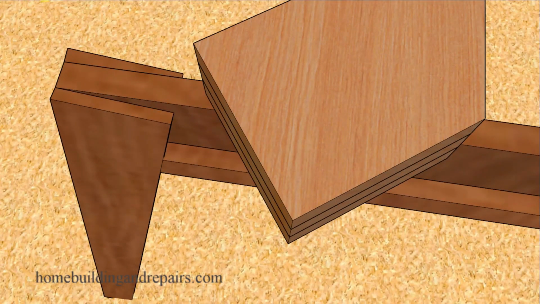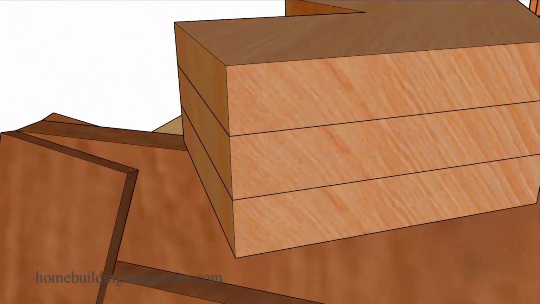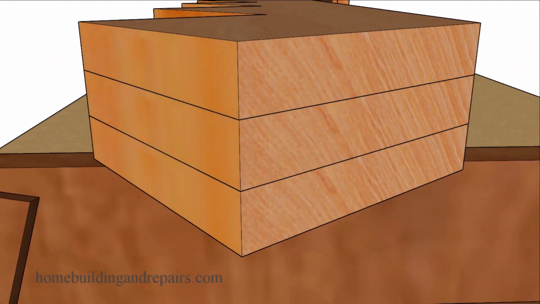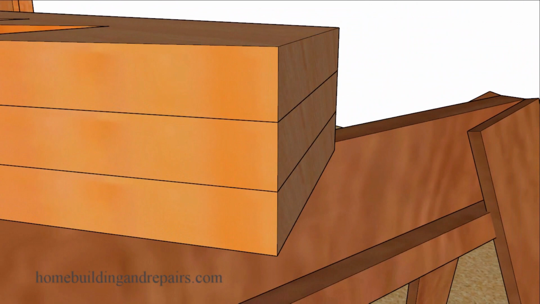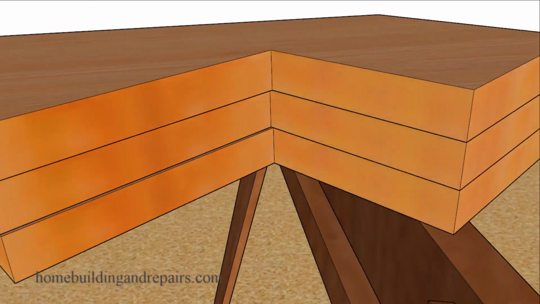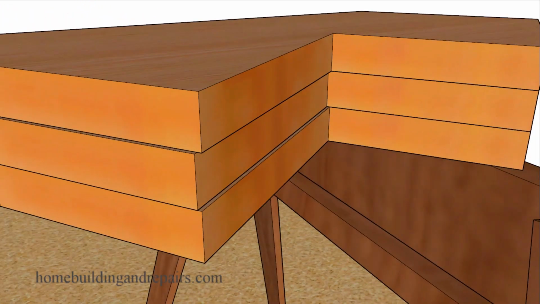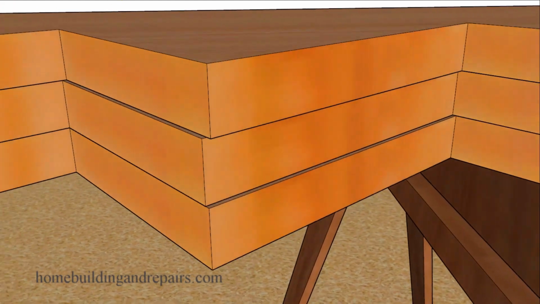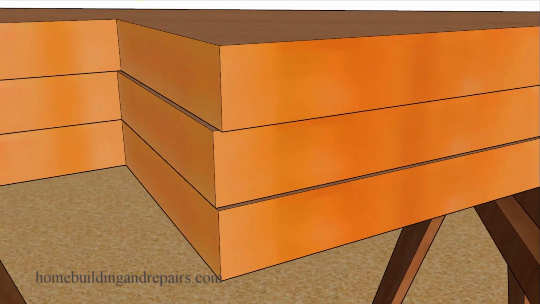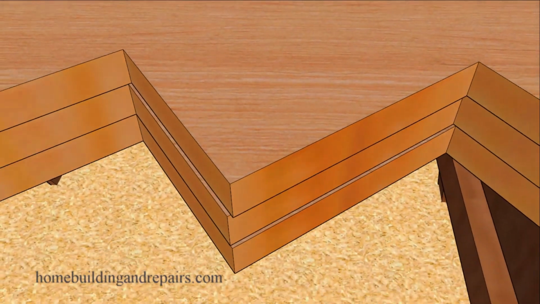So here you can see where everything looks good, and you've done a good job cutting your stringers at the top. And again, if this was off just a little bit at either the bottom or the top, then you can probably let it go. However, if it's off quite a bit, then you're going to need to make some adjustments to it. Or at least I would recommend that you make some adjustments to it.